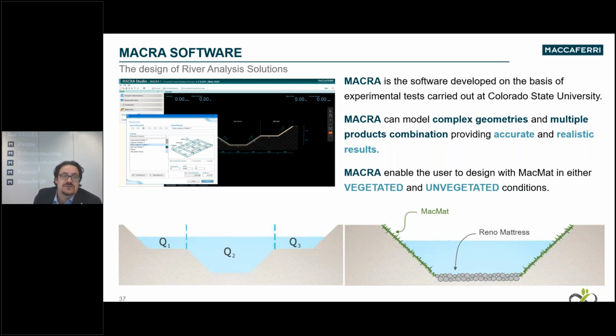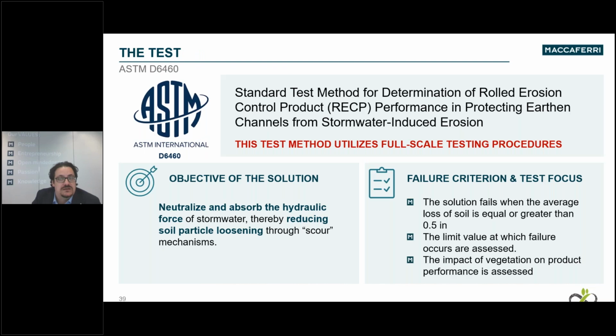In that kind of software, we can change the geometry of the channel or river, and we can use not only our MACCAFERI product, but also our Reno matrices. You can also make the design in vegetated or unvegetated conditions. So at time 0 it is unvegetated, after 1 year it is in vegetated condition. So you can check the different behavior of your project over time.